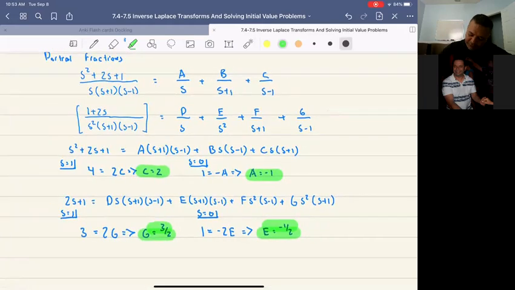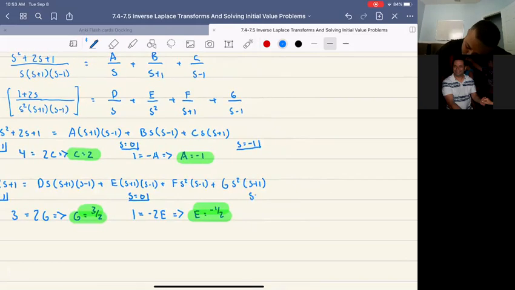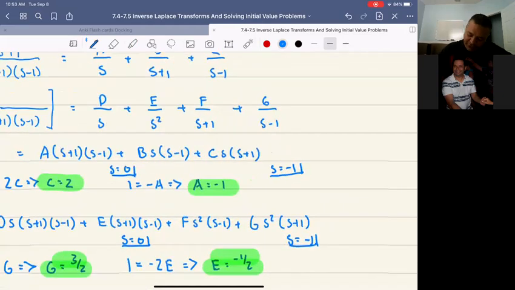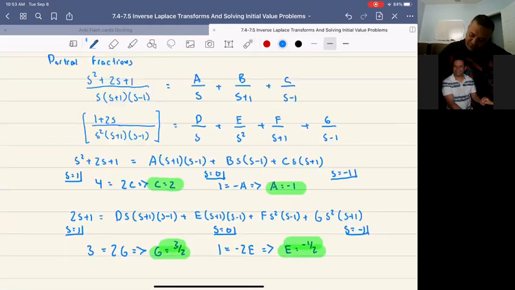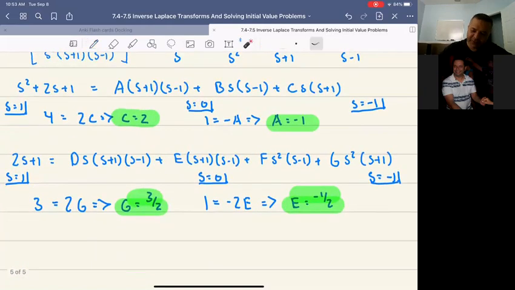All right. What else do we need? s equals -1. I'm starting to run out of space here. When s equals -1, this is going to be 1 minus 2, -1, 0.